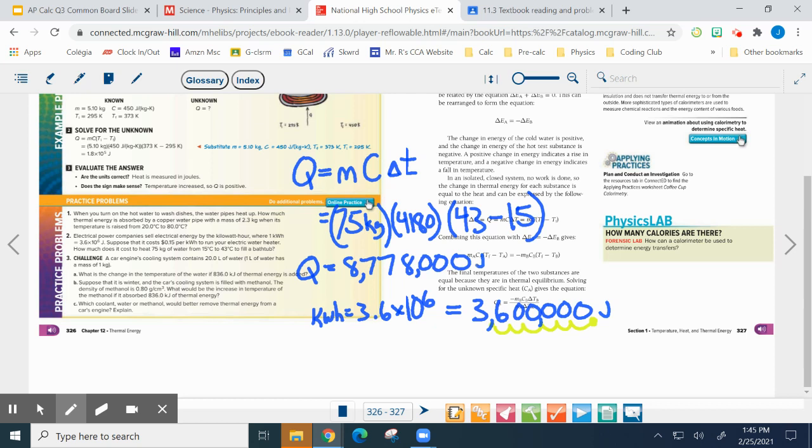So that's how many joules per kilowatt hour. So it's going to take 2.44 kilowatt hours, right? Because that's the amount of joules divided by joules per kilowatt hour.